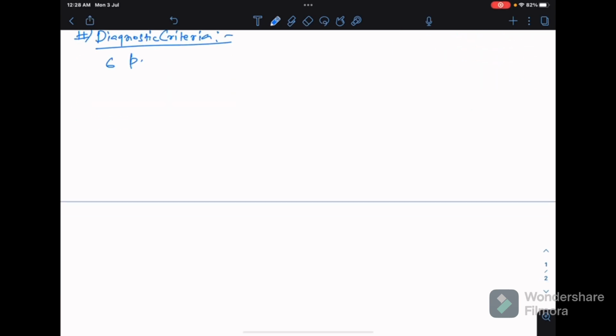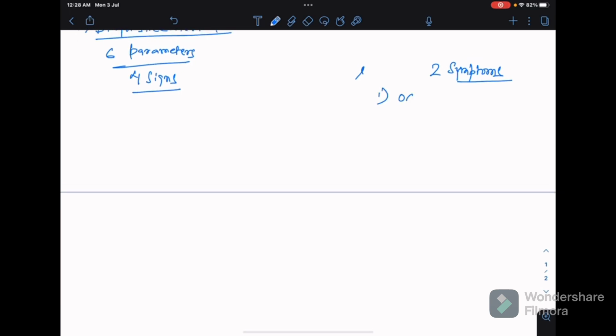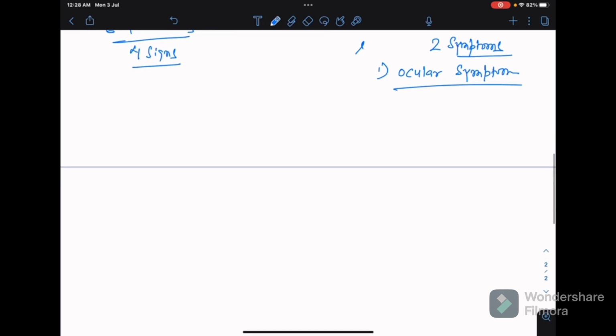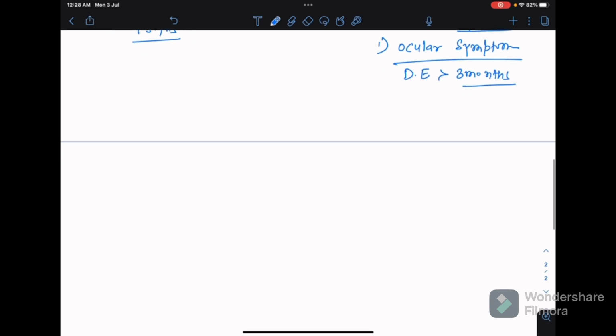So in the diagnostic criteria, we have 6 parameters, in which we have 4 signs and 2 symptoms. So first is ocular symptom. The patient will say that he is having dry eyes for more than 3 months, and he will say that he is having a sensation of sand in his eyes.